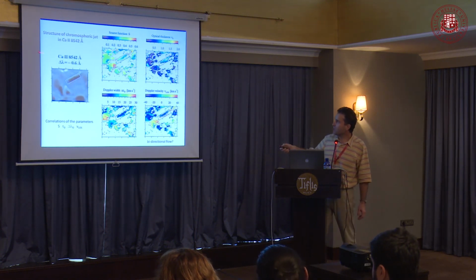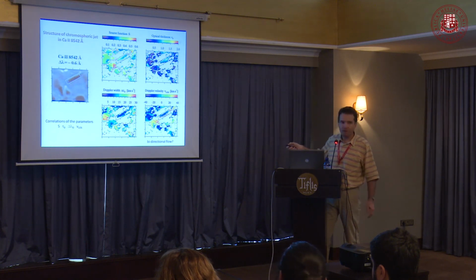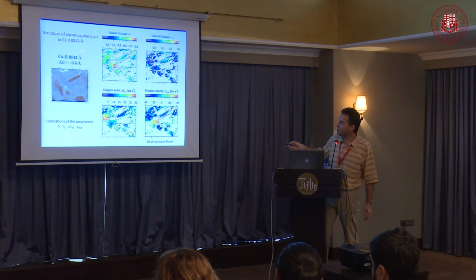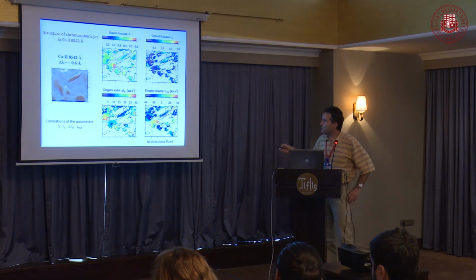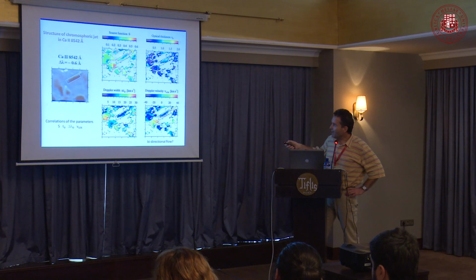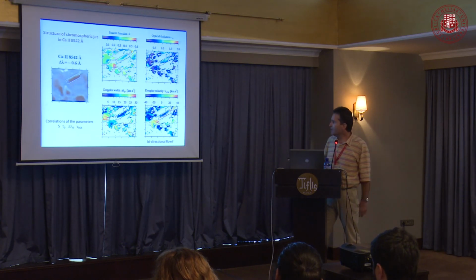Here you see simultaneous maps of the structures obtained by the inversion of the chromospheric calcium line. And here the situation is a little bit interesting, because again we see the increase of the source function outward from the line core and a simultaneous decrease of the optical thickness outward. But look at these features.